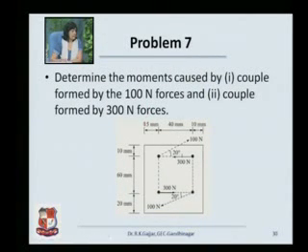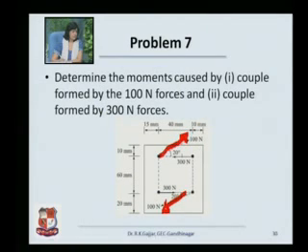Let us look at a few examples to understand the concept of couples. Determine the moments caused by the couples formed by the 100 Newton forces. Here are your 100 Newton forces. Slightly tricky because they are at an inclination with the horizontal and the vertical axis.